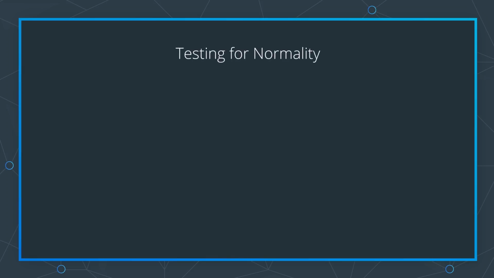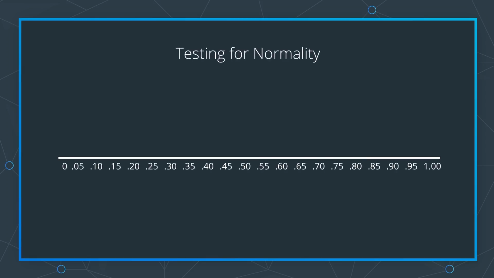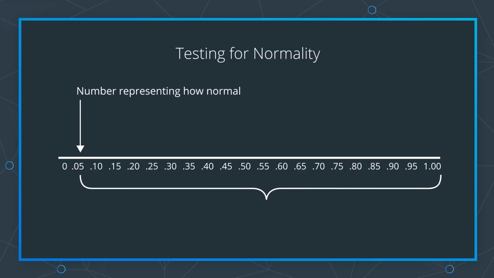So far, we've seen plots that help us visually check if our data looks like it's normal. What if we wanted a single number to represent how normal the data is? If we had a single number, we could choose a cutoff point. Anything on one side of this cutoff point, and we decide that it's normal. Anything on the other side of the cutoff point, and we decide that it's not normal.